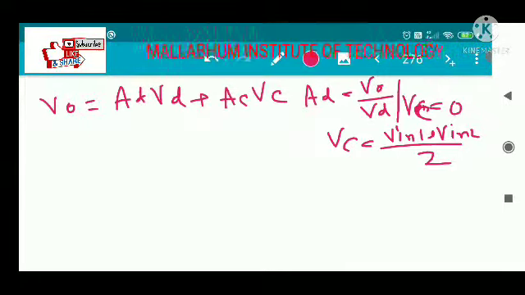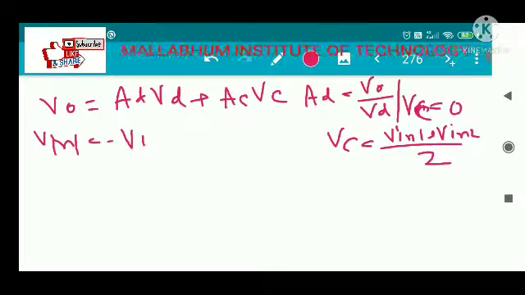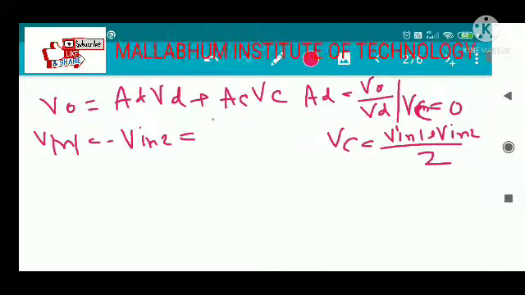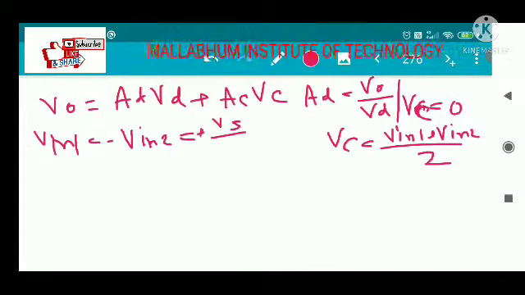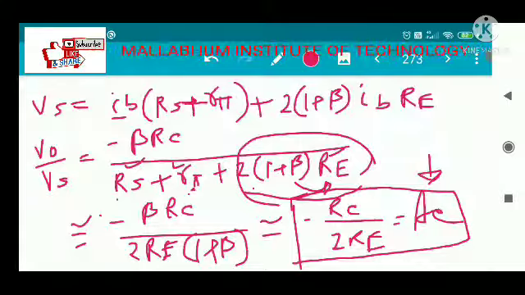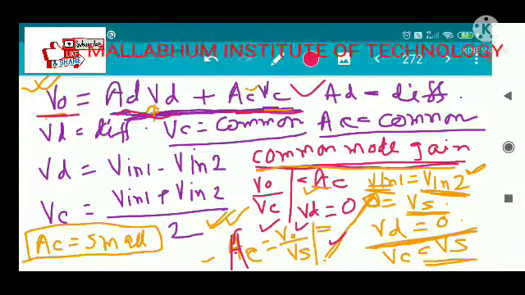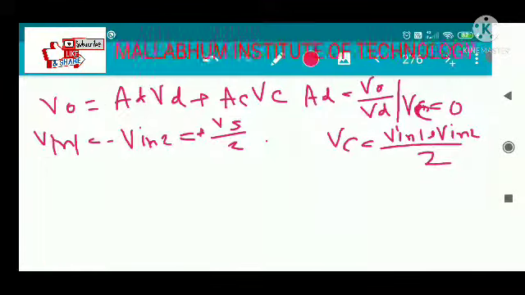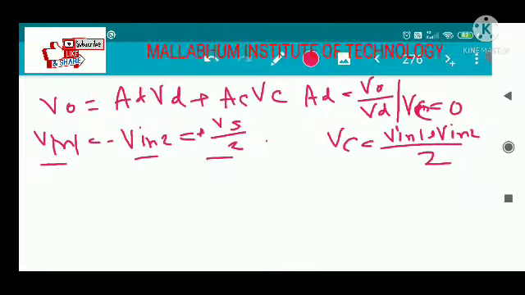So Vin1 will be nothing but minus Vin2, and that will be equal to plus Vs by 2. So this is the condition. Previously we calculated with the condition Vin1 equal to Vin2 equal to Vs. Here for the calculation of the differential gain, Vin1 equal to minus Vin2 equal to Vs by 2.